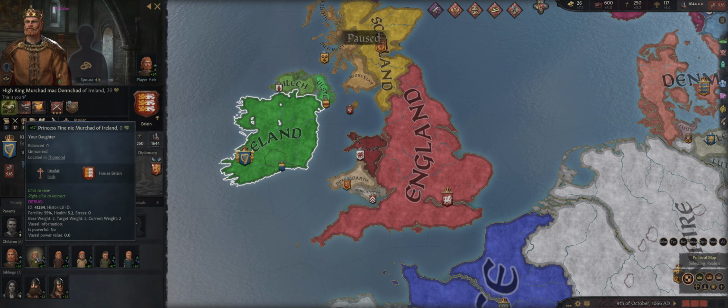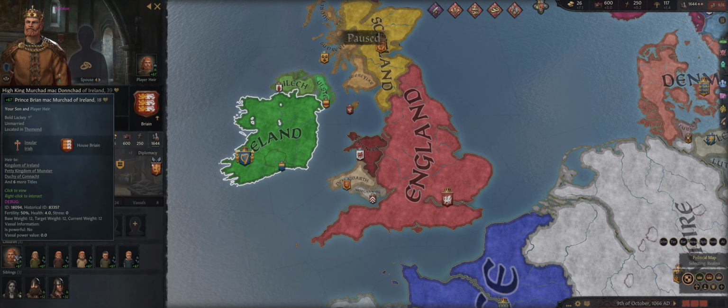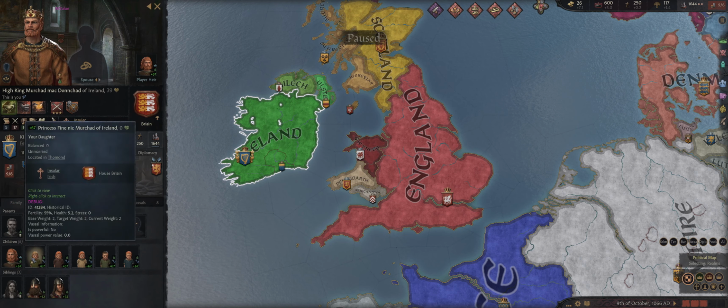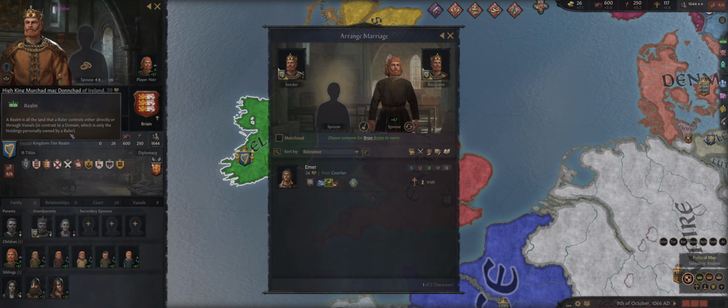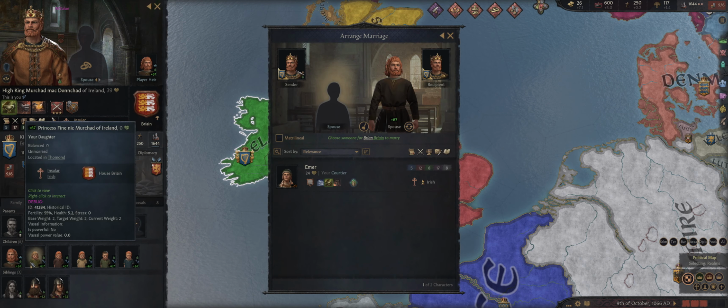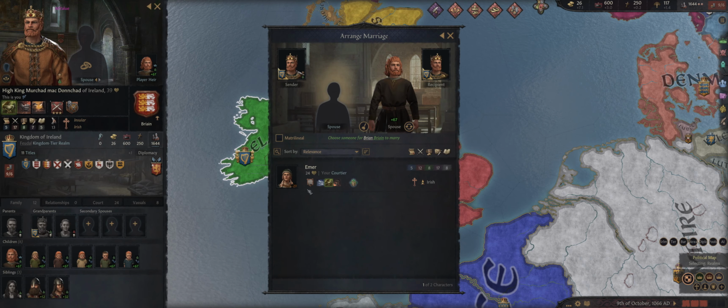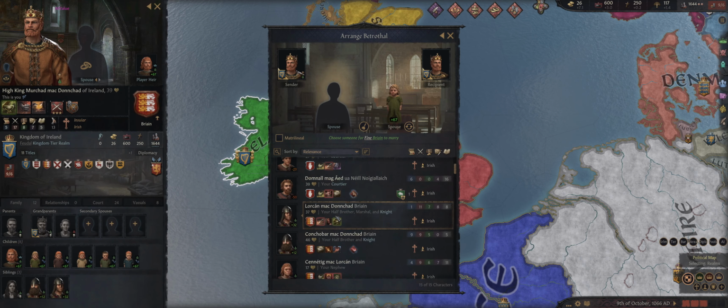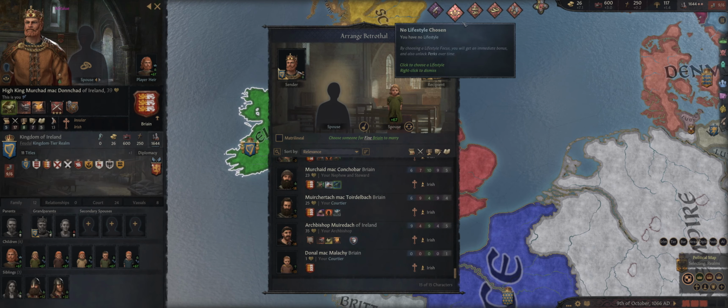So it's worth me pointing out, you actually can't breed your siblings together. So your children, I couldn't arrange a marriage, for example, if I had a daughter here, which I do, right? I can't arrange a marriage, you notice, with them. If I do arrange a marriage here and I try to find my son, he's not in the list. It won't allow me to do that.